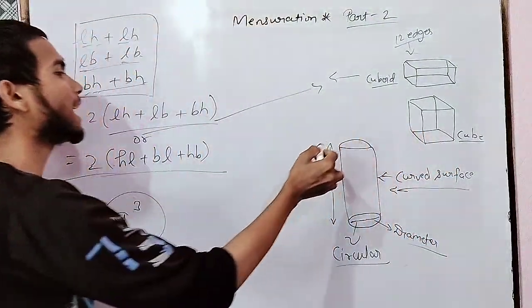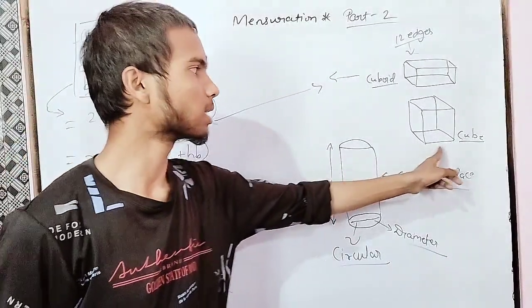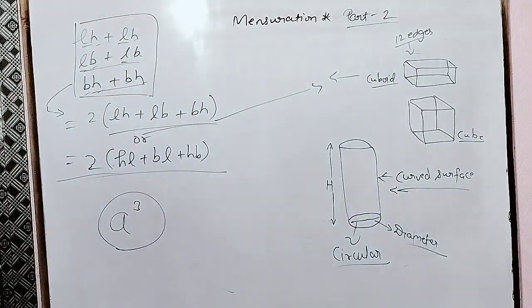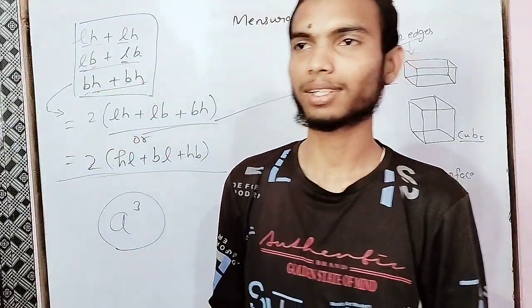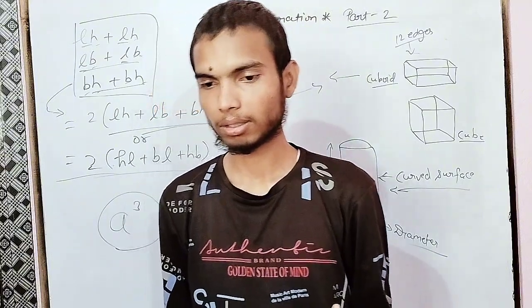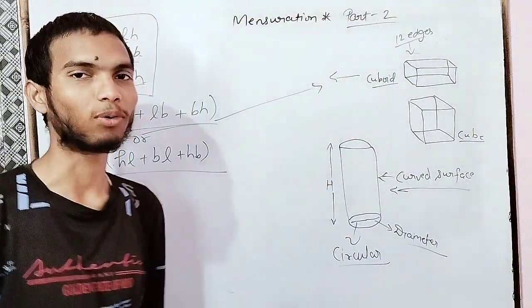This is L, this is B, this is H. Here we are not finding volume.